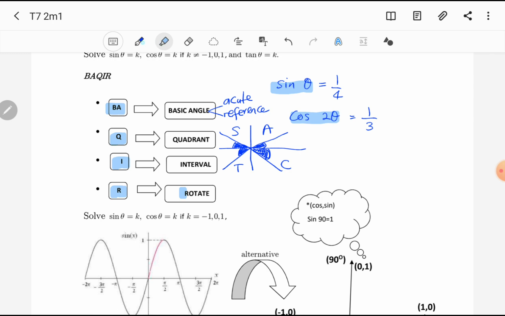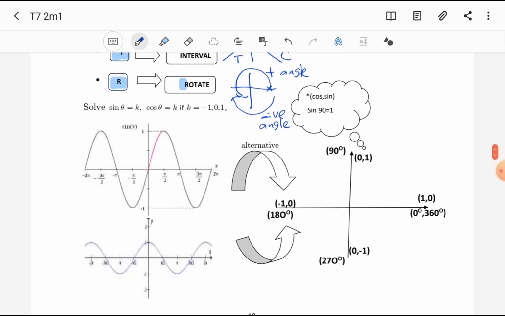For rotation, if we go up, anti-clockwise, this is the positive angle. If you go down, clockwise, this is the negative angle.